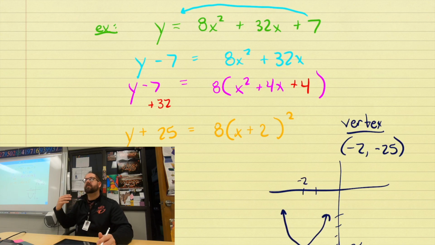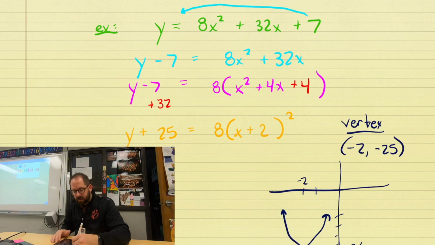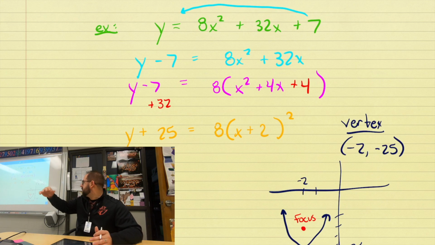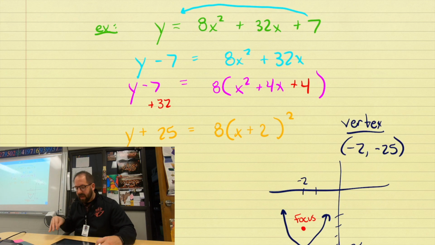We're going to find the focus and Directrix again. The focus will be up so many, and the Directrix will be down so many. They're the same distance. We have to find that distance up to the focus and down to the Directrix from the vertex, negative 2 comma negative 25.